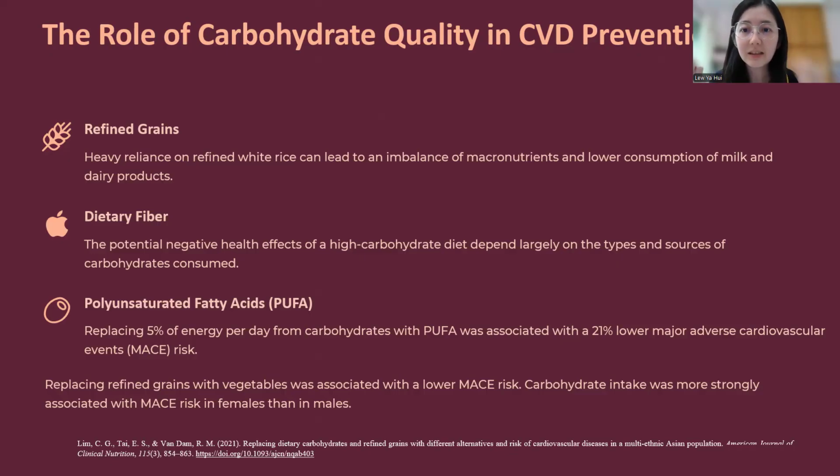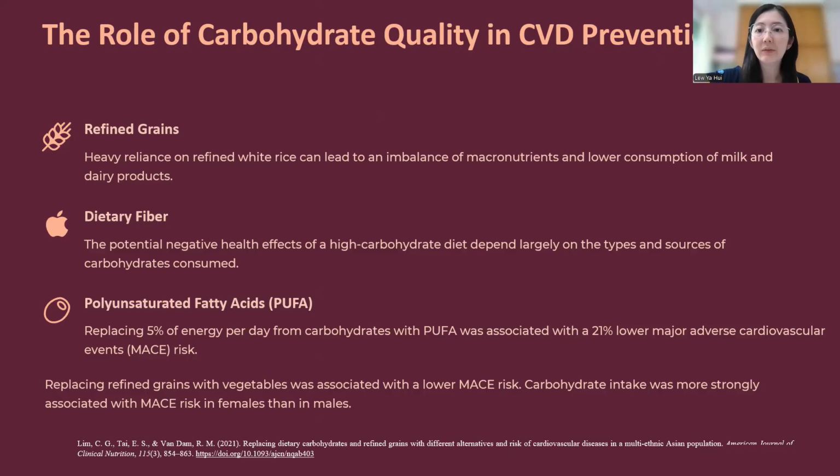In contrast, if you eat more healthy fats like polyunsaturated fatty acid, that's a healthy fat, it actually has a lower risk of the problems. In fact, if you replace not-so-good carbohydrates with good protein and fat, it will help, but only when you choose good quality ones, to prevent cardiovascular diseases.